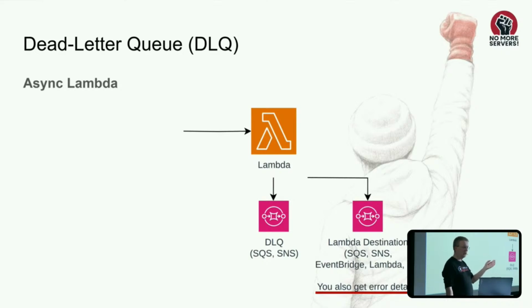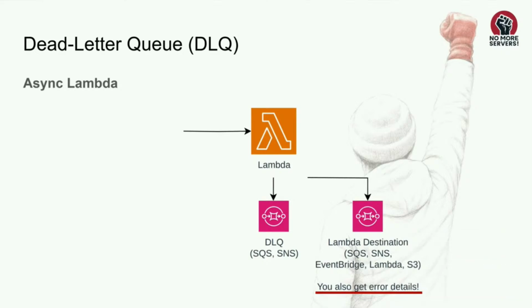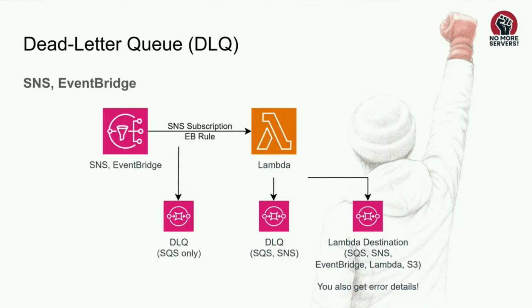You can use SQS, SNS, EventBridge, Lambda, S3, all of those. But if SNS or EventBridge invokes Lambda, then you have 2 dead letter queues. The first one is attached to the SNS subscription or EventBridge rule, and this one gets the messages that fail to deliver to the Lambda.